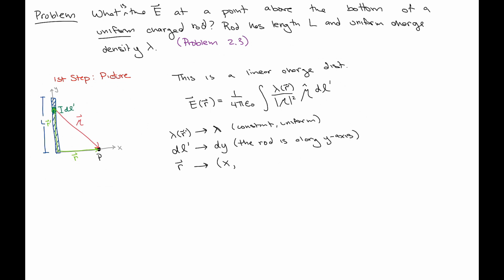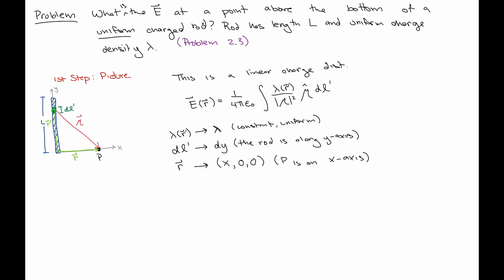So I can define this R, the position of my point P, as some x, depending on where it is along that x-axis, how far it is from the rod, but it doesn't have any position in the y space or z space. So just x, 0, 0. And again, that is because P is on the x-axis.